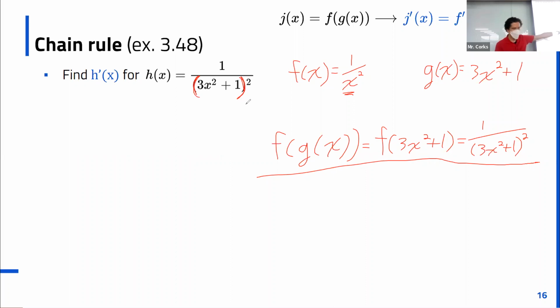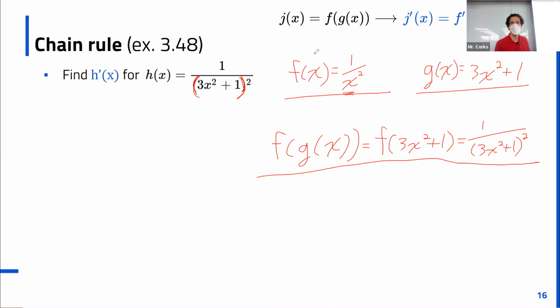Okay, look at that closely, spend a bit of time just looking at that and see if you can see how that's working. This is the outside function, this is the inside function. Are we kind of understanding it a bit?